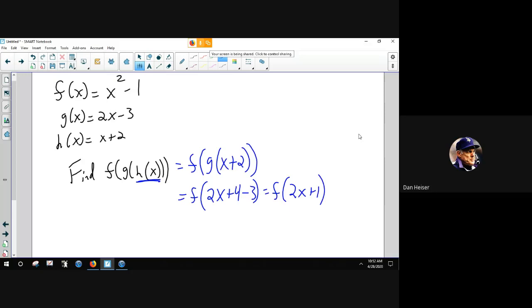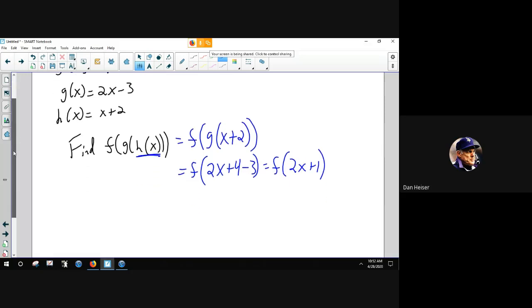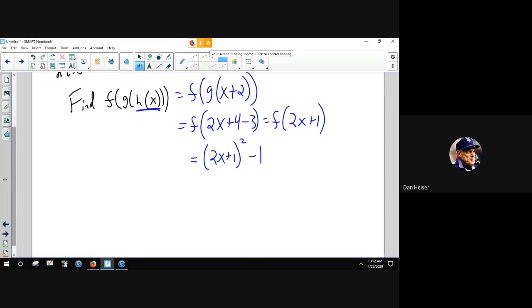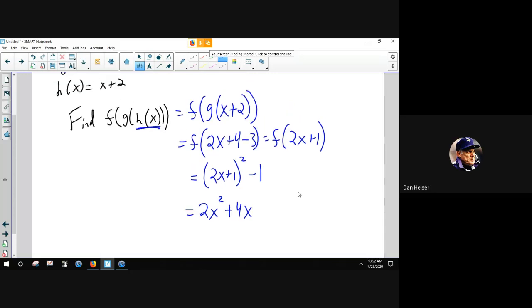The rule for f says we square what's inside the parentheses and subtract 1. And we will end up with 2x squared plus 4x, and that's it. That is f of g of h of x.